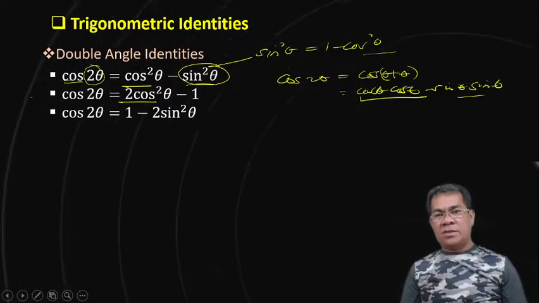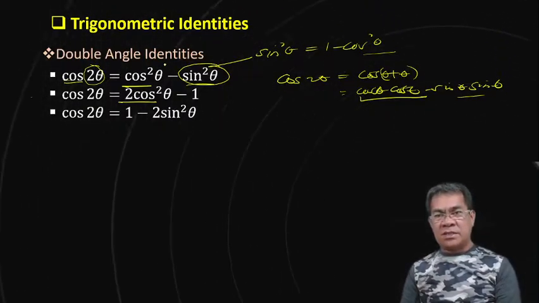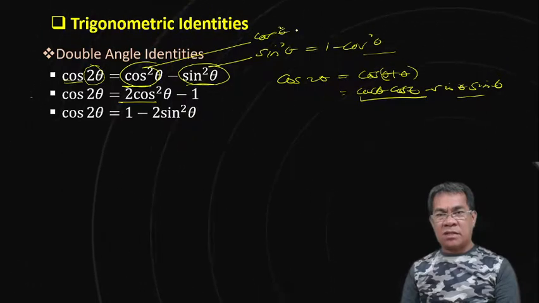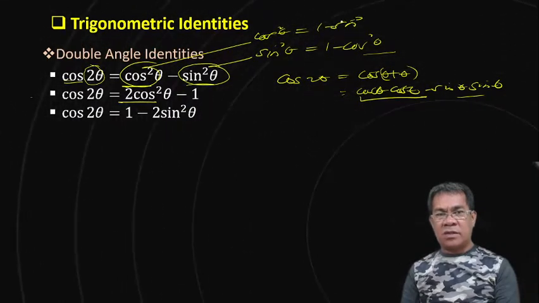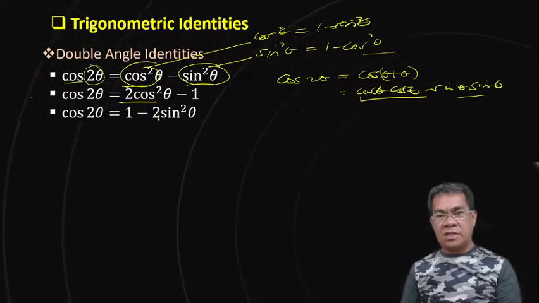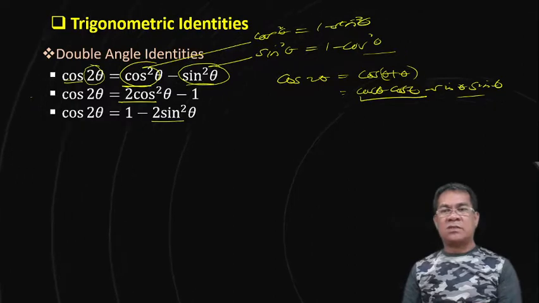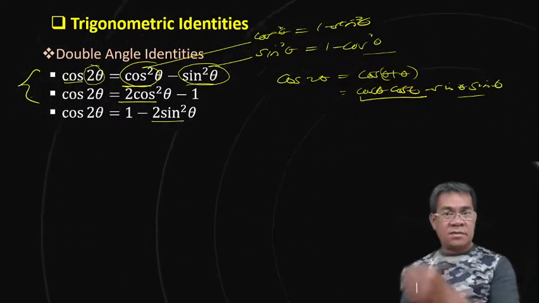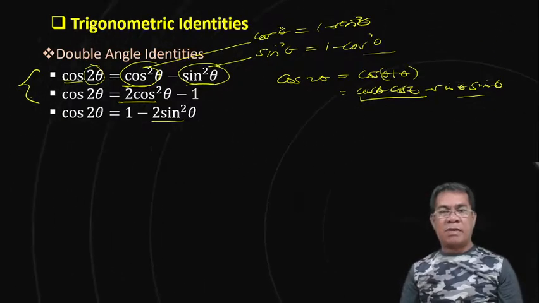Now if you replace this cosine, you can also replace sine. Cosine square theta is equivalent to 1 minus sine square theta. So substitute it here, then the result becomes 1 minus 2 sine square theta. So again, these are derived from the sum and difference identities with the Pythagorean identity.